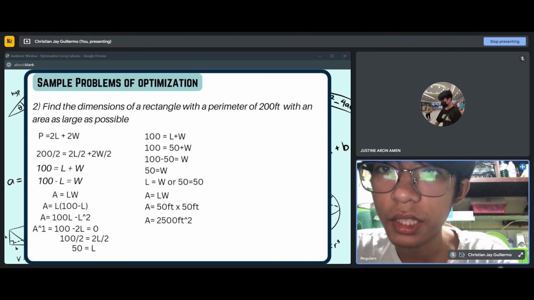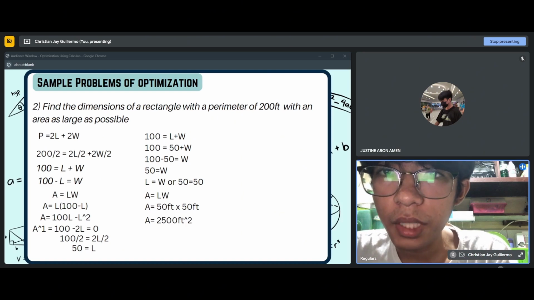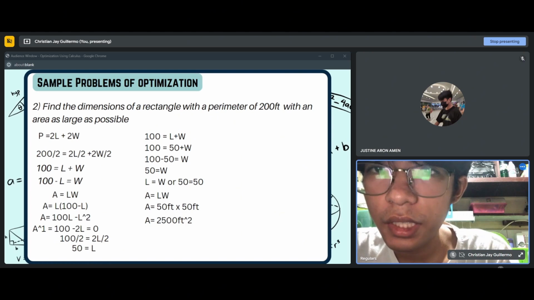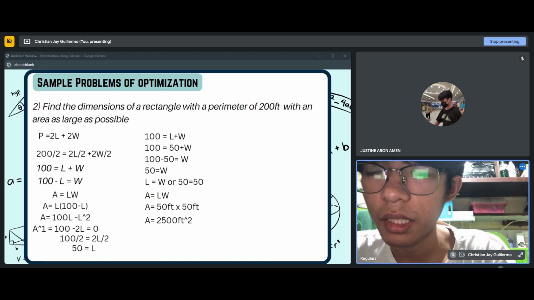L times 100, 100L. L times L is L squared. So, A prime, dinerive po natin. A prime is equal to 100, while L squared magiging 2L is equal to 0. So, tinanggal na lang natin yung number ni L para maging L na lang siya.